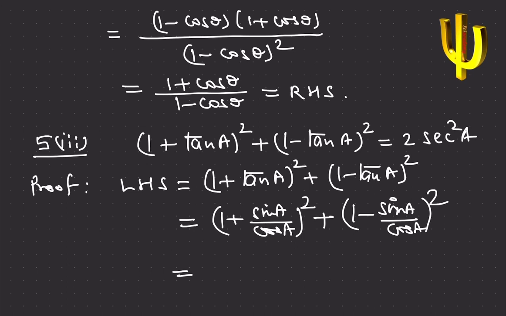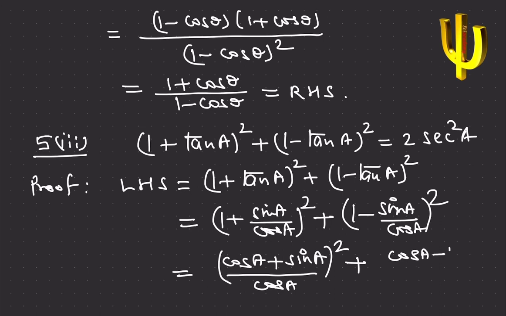After simplification this can be written as cos A plus sin A divided by cos A whole square plus cos A minus sin A by cos A whole square.